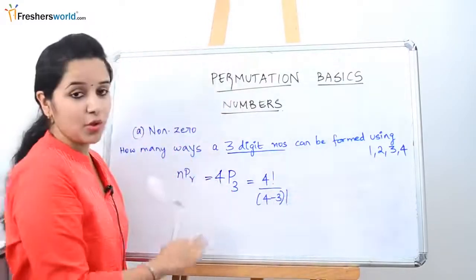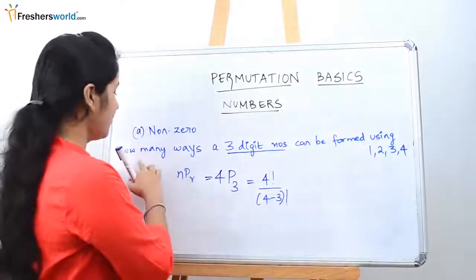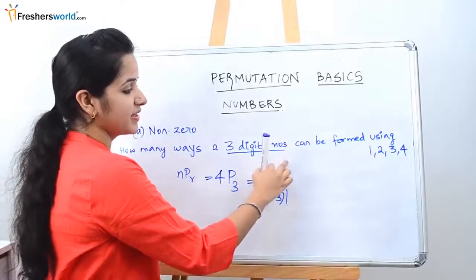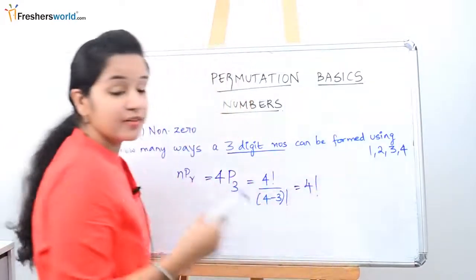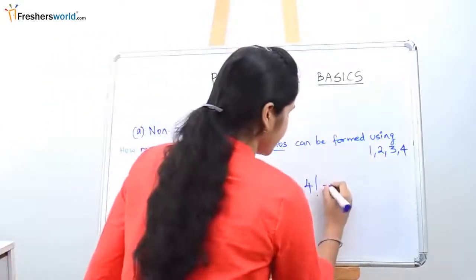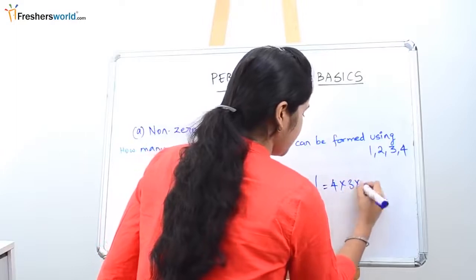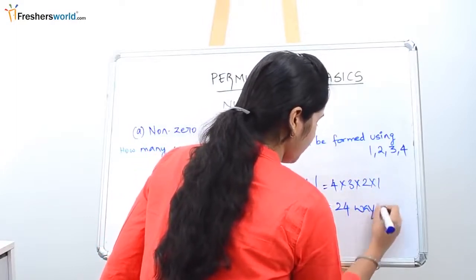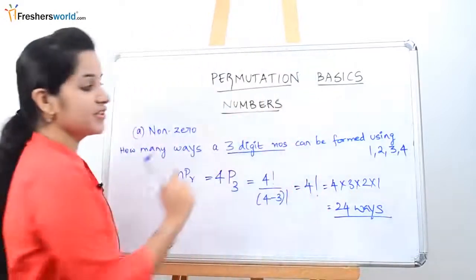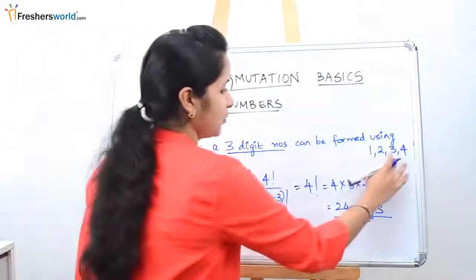Once you solve this, you get the answer, which is nothing but 4 factorial. We know 4 factorial is 4 into 3 into 2 into 1, which is 24. So 24 ways a 3-digit number can be formed using 1, 2, 3, 4.